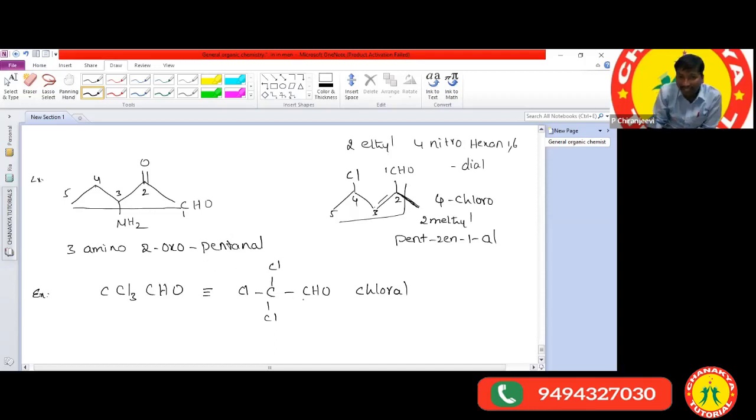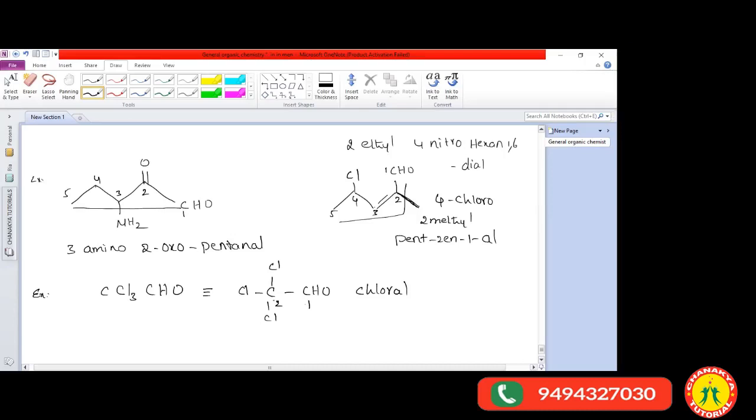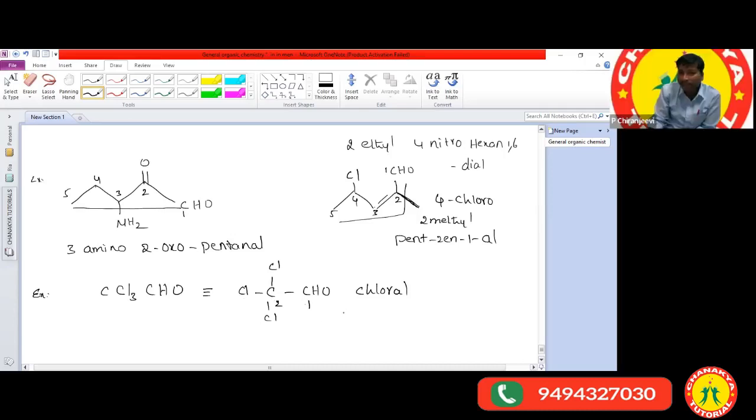First priority, Anjan, is the aldehyde group. The second one is the carbon. We have a root word of 2 carbon atoms, and the second carbon is surrounded by how many chlorine atoms? 3. How do we connect the IUPAC name? 2, 2, 2, so 3 means trichloro.